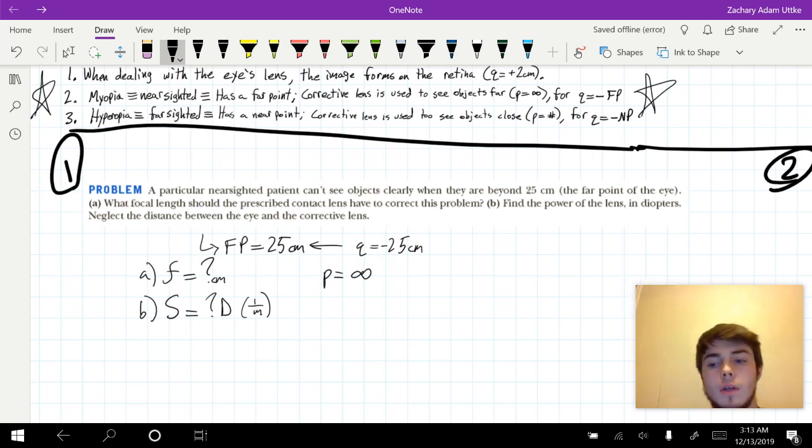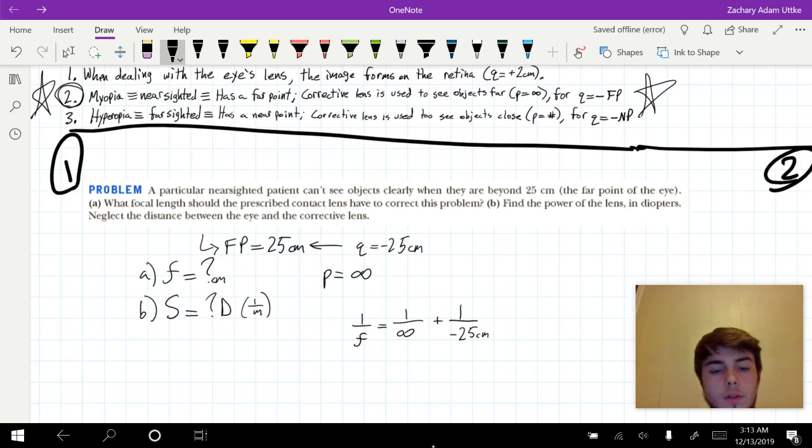What I'm getting this from is what I have as number 2. So 1 over F, and we'll use the lens maker's equation for this, equals 1 over P, so infinity, plus 1 over Q, negative 25 centimeters. So this will just equal 0, and we can take the inverse of both sides. So F equals negative 25 centimeters.